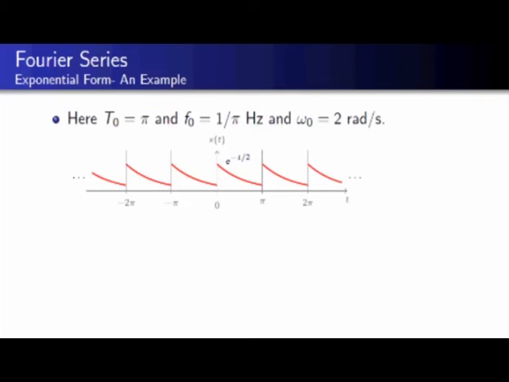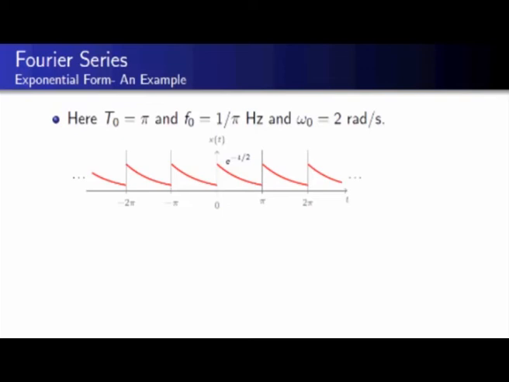And pi is an ugly number, though we take it in high school as 22 by 7, it is not quite 22 by 7, it's some strange irrational number. So 1 by pi is also an irrational number, right? And omega naught, which is 2 pi f naught, turns out to be 2 radians per second here. So omega naught is quite nice, right?